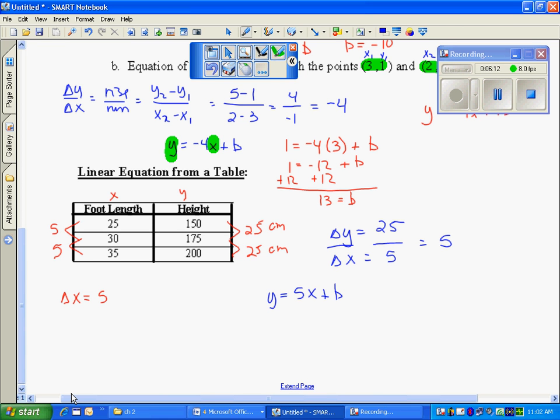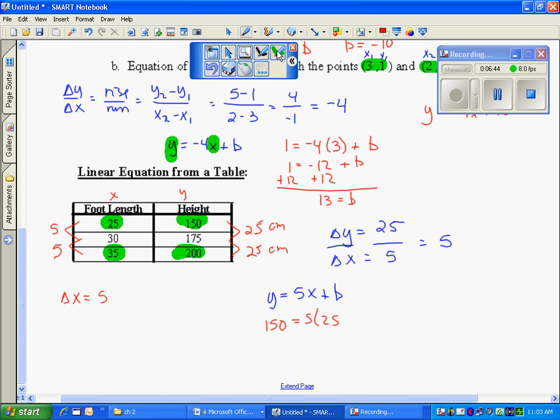Now, again, it turns out to be the same type of situation from the two above. I need to find b, my y-intercept. Do I have some points? Yes, I do. Here's an x-coordinate, here's a y-coordinate. I could have used 35 and 200. 25 and 150 are smaller numbers, so those are the ones I'm going to choose. Putting y in, which was 150 when my foot length was 25, so x then becomes 25.